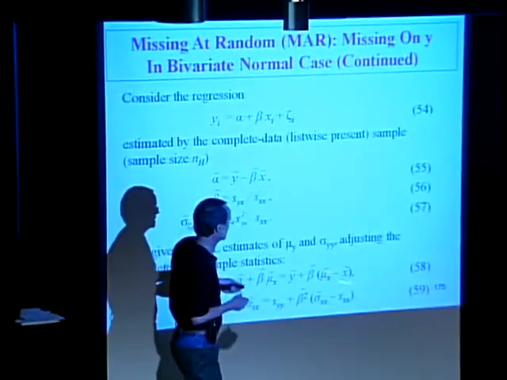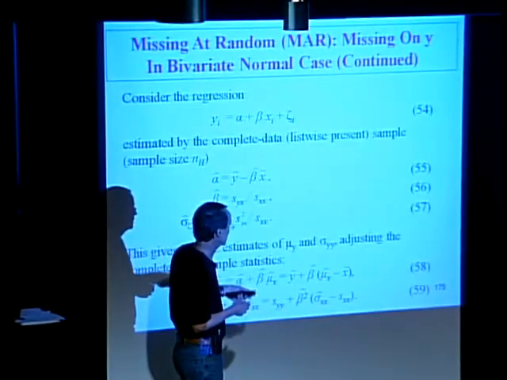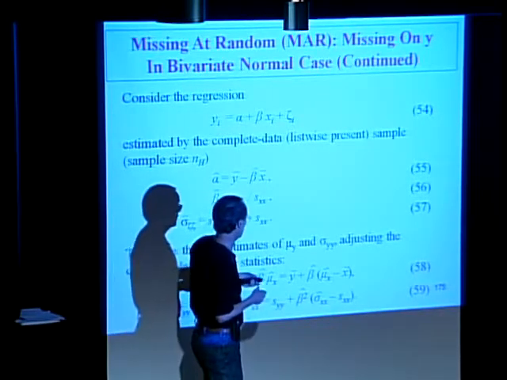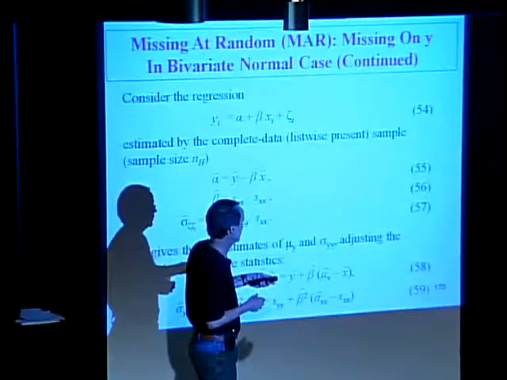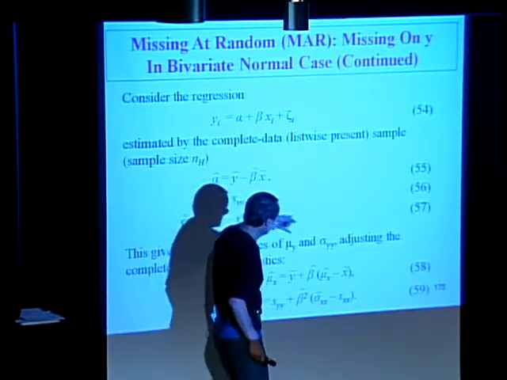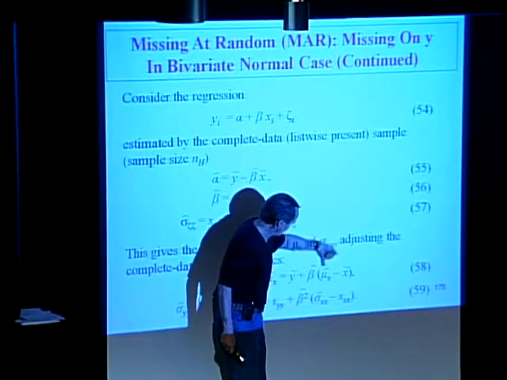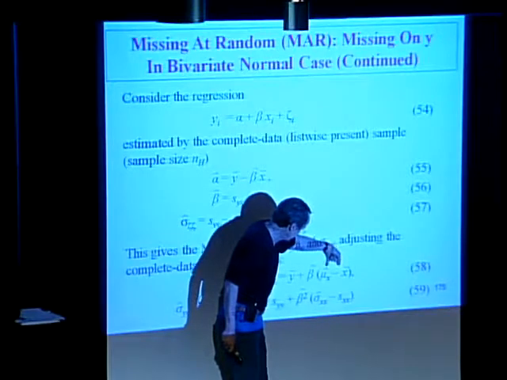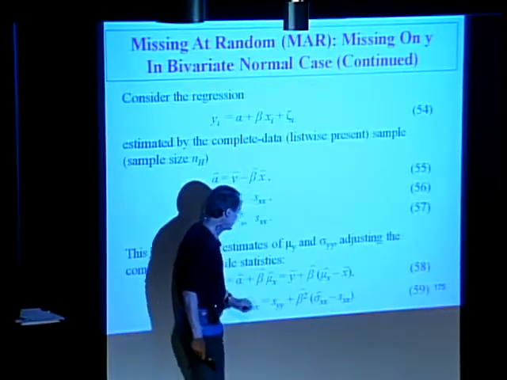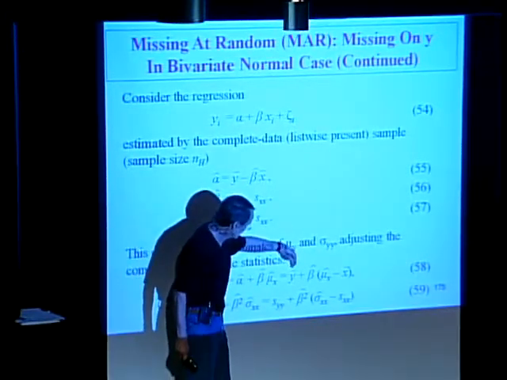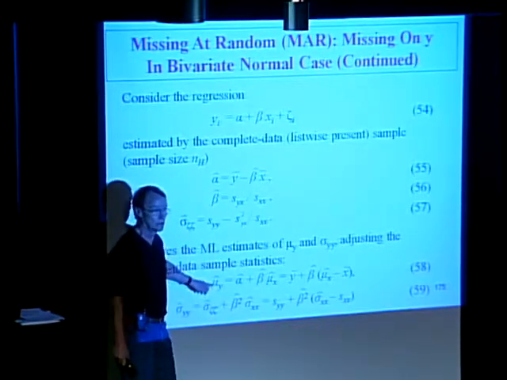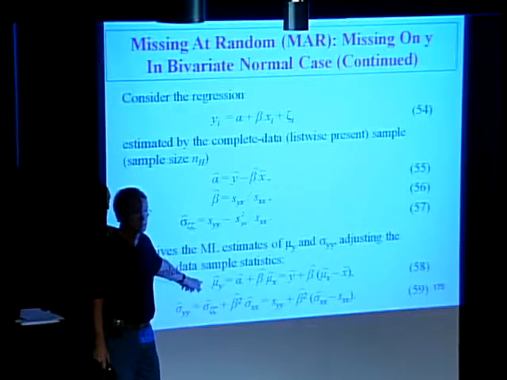The estimated mean of X uses all people, minus X bar, being the people with listwise. So 2 estimates of the mean of X, using everybody and using those who have complete data. The difference there, multiplied by the regression coefficient, is how you want to adjust the listwise estimate to get the MAR maximum likelihood estimate.